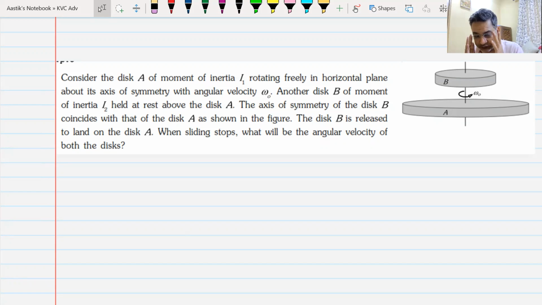Since it is because of the frictional force, which is an internal force, whatever work it does on one body, the same work it will do on the other body. So the angular momentum will remain constant.